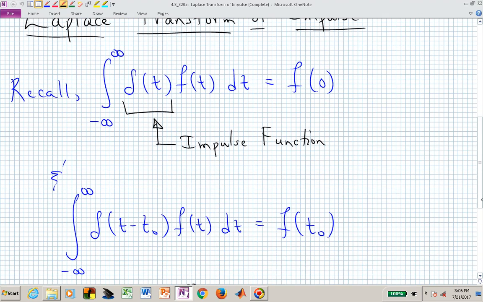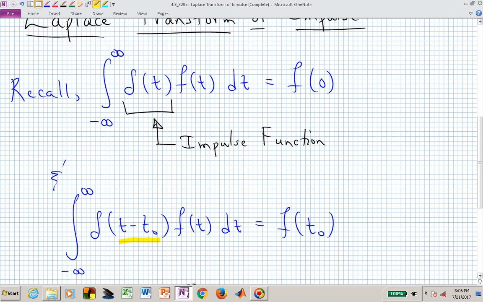What happens when we introduce a delay, or shift that impulse in time? Now we remember what's happening. Again, this impulse is only going to be active, or non-zero, when the argument is 0, and that's when t minus t sub 0 is 0, or when t is equal to t sub 0.